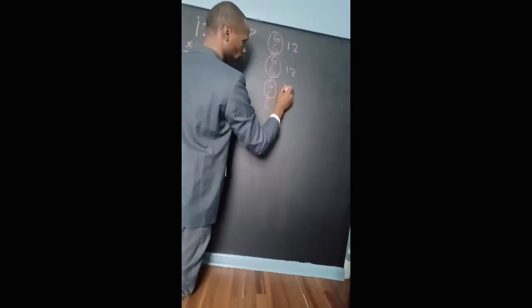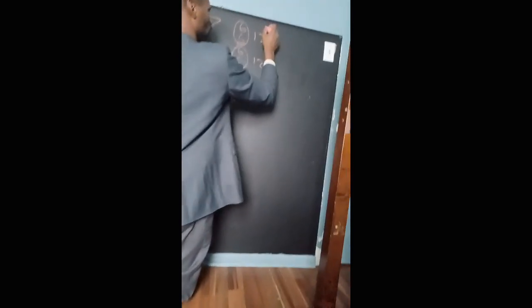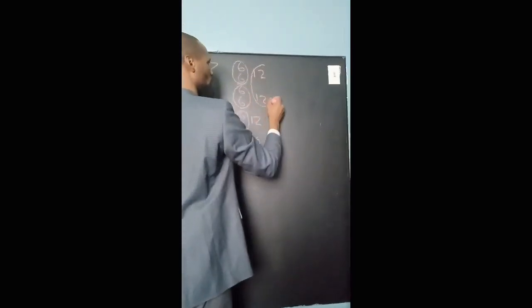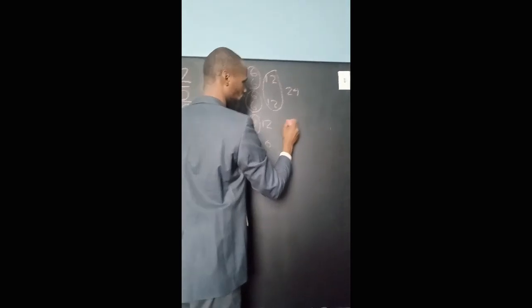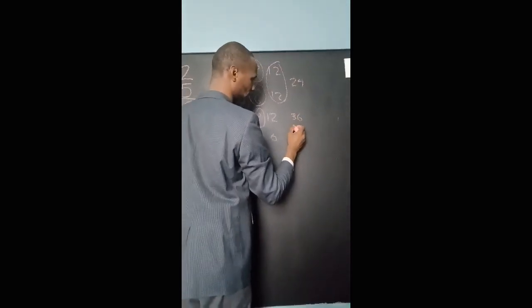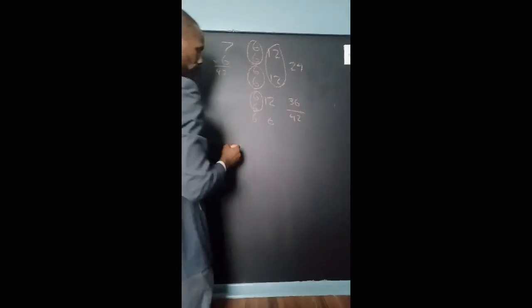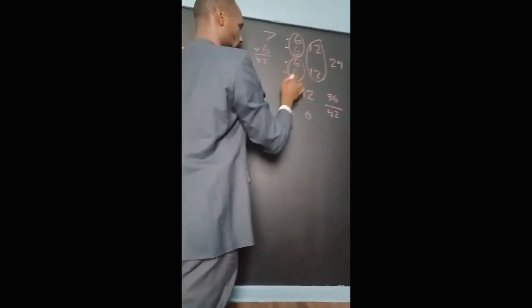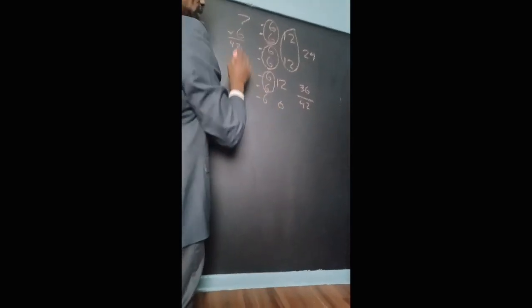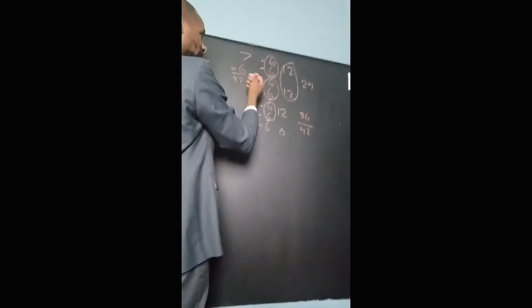These are 12. And this is 6. This is 24. Plus 12 is 36. Plus 6 is 42. That's 7 sixes. 1, 2, 3, 4, 5, 6, 7. That's 7 sixes. That's how we know 7 times 6 equals 42.